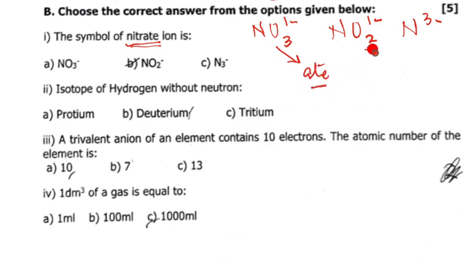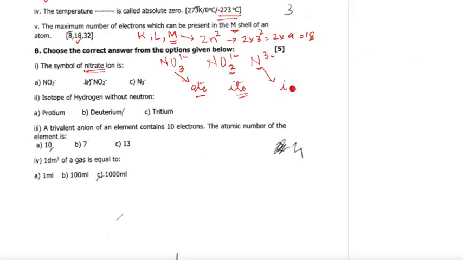This one with lesser oxygen than this, it ends in ITE, remember that. And if we have only nitrogen, then it ends in IDE. Okay, so nitrate will be A. So we will have B, first one, the symbol is going to be NO3 1 minus.